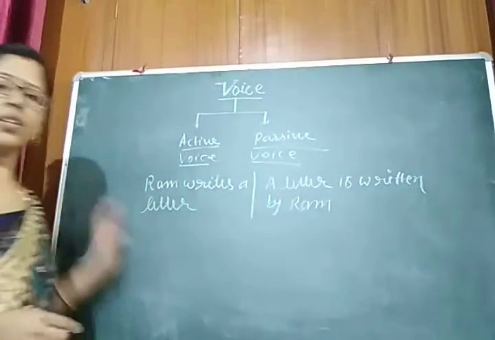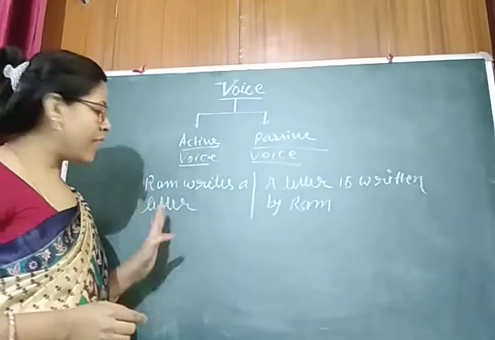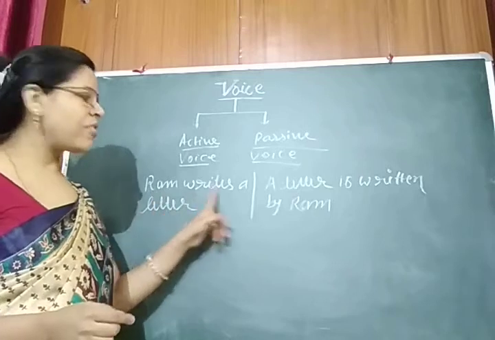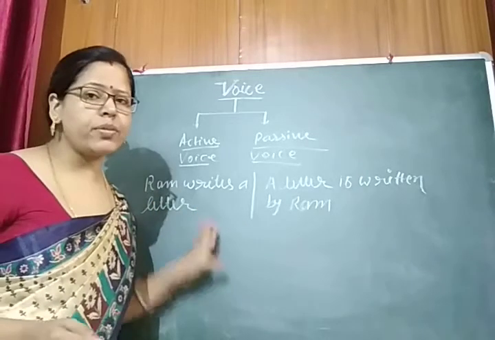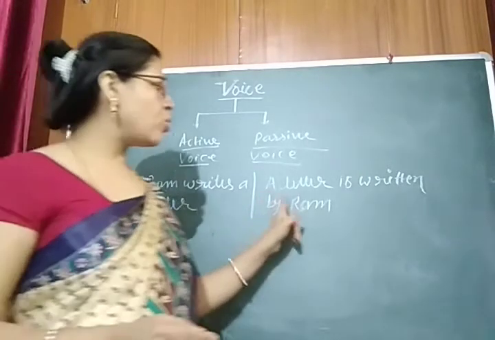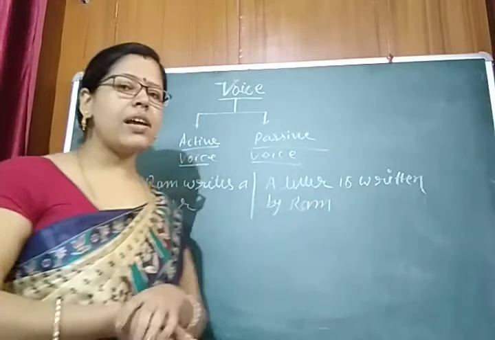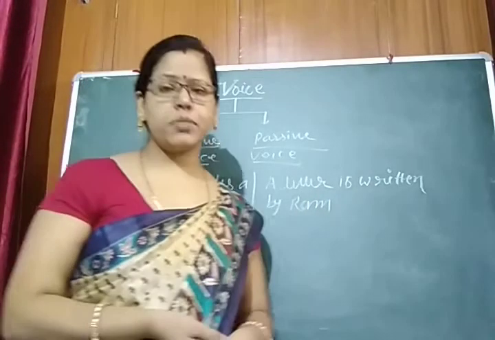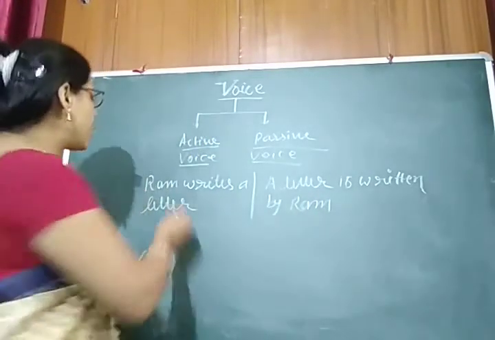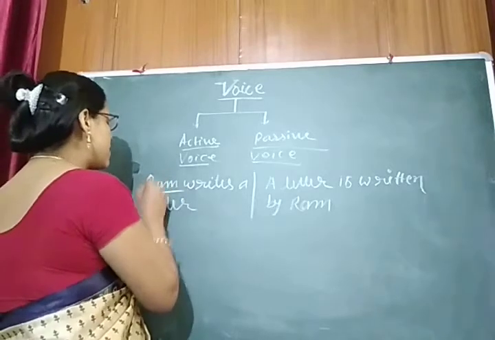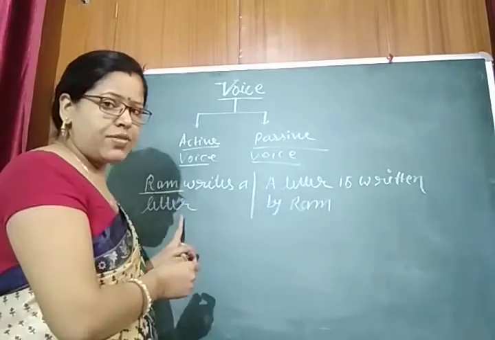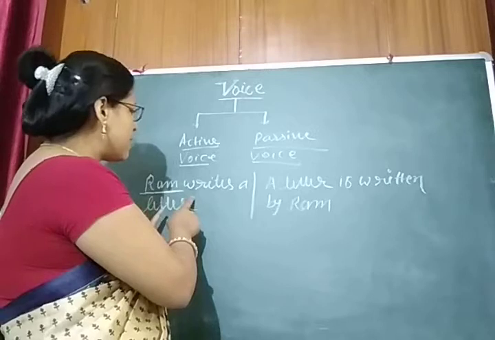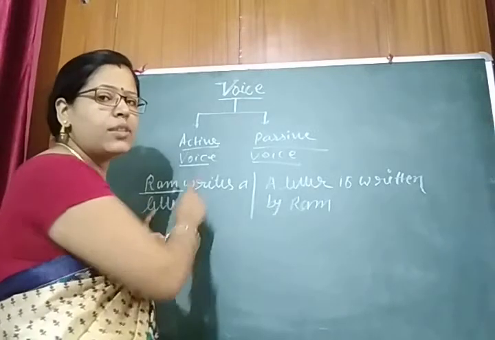You know what I have written? I have written one sentence here. Ram writes a letter. This is an example of simple present tense. And this is what? A letter is written by Ram. So what do you observe here? Who is active here? Ram. In this sentence, Ram is active, and that is why this is an example of active voice.